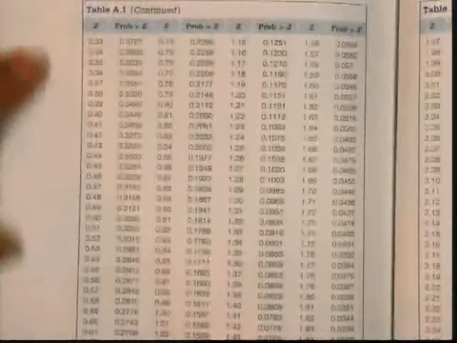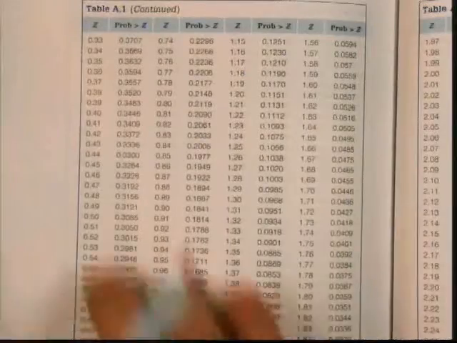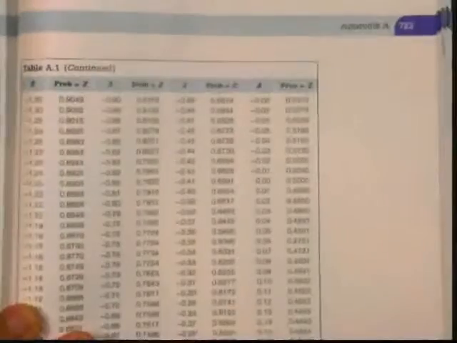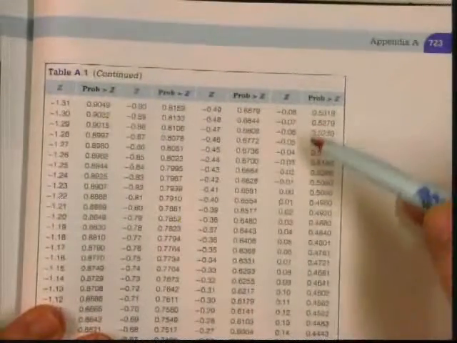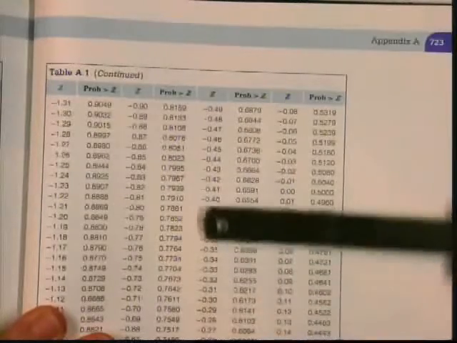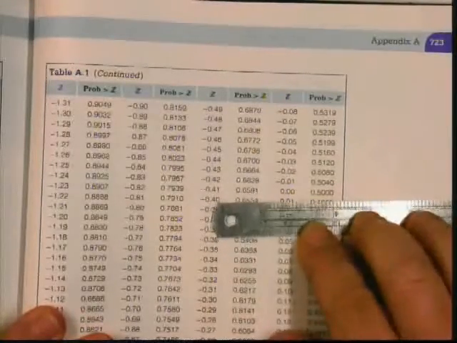We have positive z-scores. So what this is doing is these probabilities, how do they compare? The probability greater than z. Let's back up, find 0. Page 723. A value of z equals 0. It's right here. Okay.